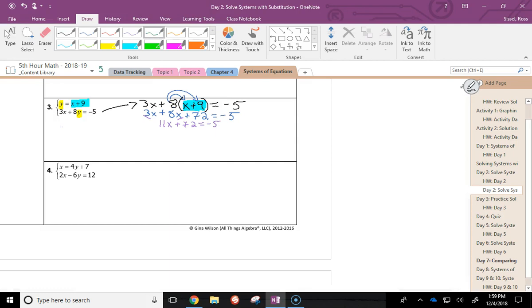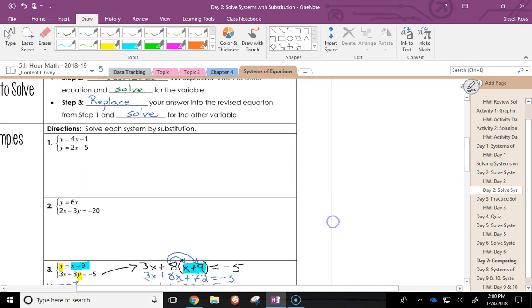I get 11x by itself, so I'm going to minus 72. I have 11x equals -77. I'm going to divide 11x by 11 so I can have x all by itself, and I get x equals -7. Okay.